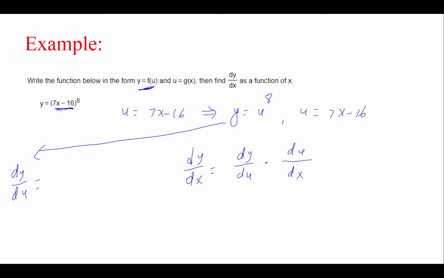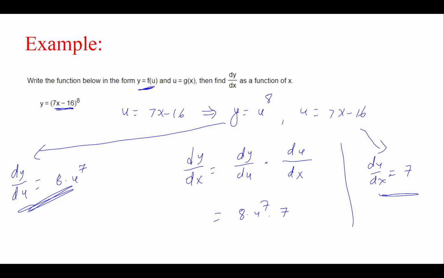Not x, with respect to u. We can use the power rule, and it will be 8 times u to the power 7. What is the derivative of u with respect to x? This is just 7. Now we use these two values, so it would be 8 times u to the power 7 times 7.